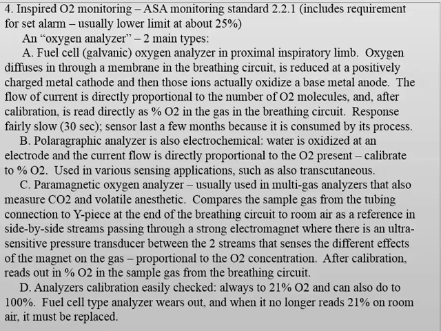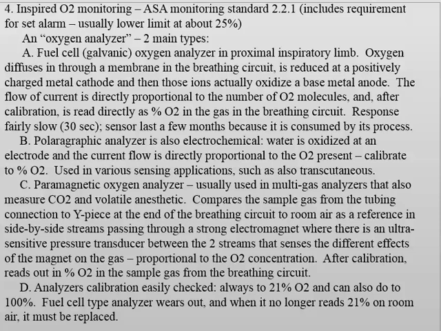Okay, now some questions came up in the exam about inspired oxygen monitoring. There are two kinds of oxygen analyzers. The basic one that is almost always now used is called a fuel cell or galvanic oxygen analyzer. That's what we have. It's in the proximal inspiratory limb.